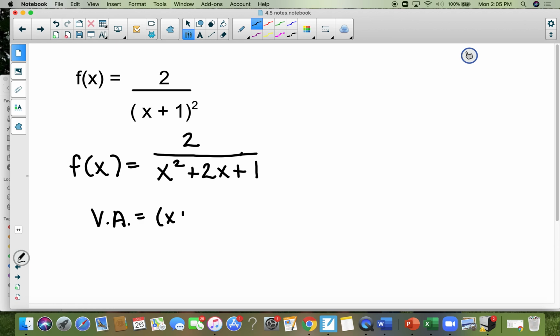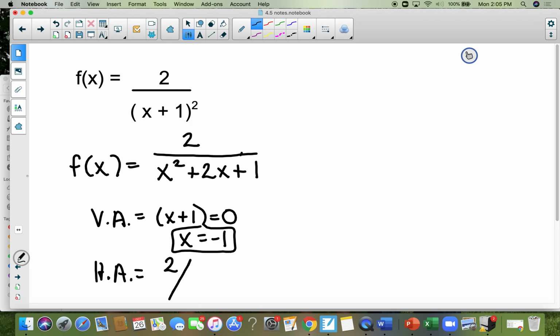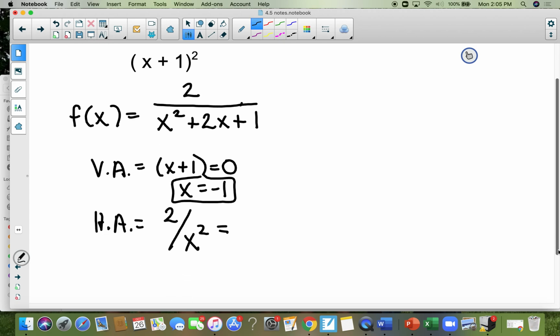So in factored form, x plus 1 equals 0, x is equal to negative 1. If x equaled negative 1 in the denominator, it'd be undefined. Horizontal asymptote, you take the highest power in the numerator and divide it by the highest power in the denominator. And as x keeps getting bigger and bigger, 2 over 100 squared, 2 over 1,000 squared, it's going to get closer and closer to 0.